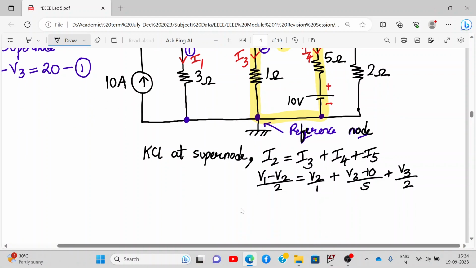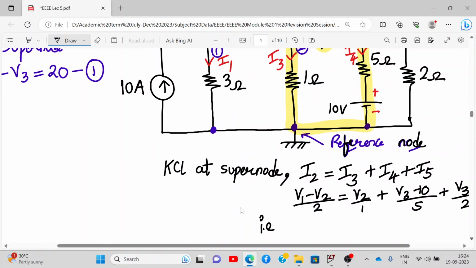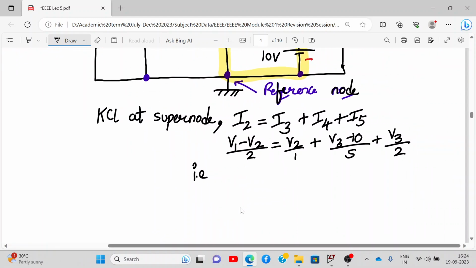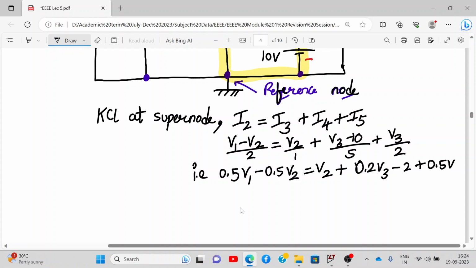Alright, so we have very plainly written it, and now we'll write over here, let me maximize this part. This will be 0.5 V1 minus 0.5 V2 is equal to V2 plus 0.2 V3 minus 2 plus 0.5 V3.